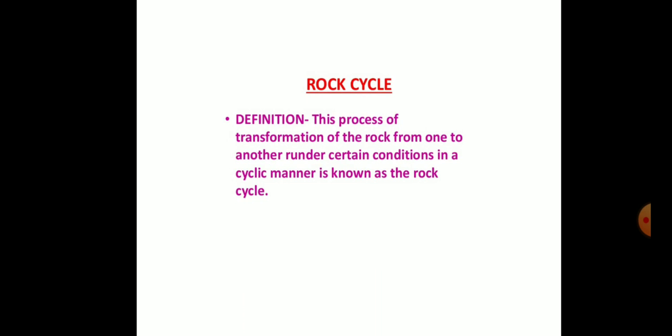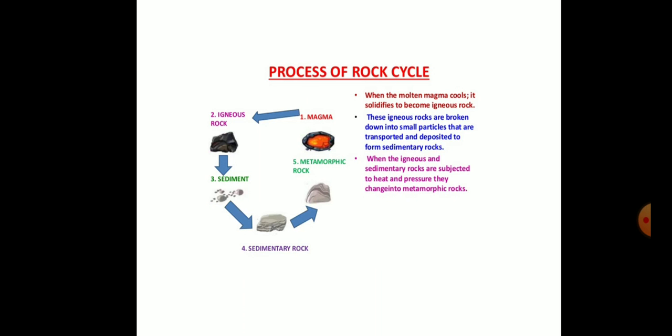Next, we come to the rock cycle. Here we have the definition. This process of transformation of rocks from one to another under certain conditions in a cyclic manner is what we know as the rock cycle. So, let's see how rock turns from one to another.